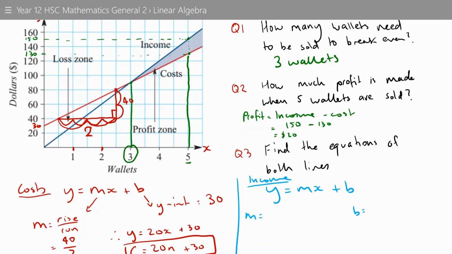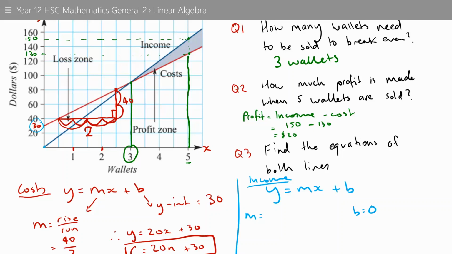Where does this blue line cross? Right at the origin. The y-intercept is 0. That makes sense because for 0 wallets sold, you don't get any income, so the starting point is $0. Notice here for costs, it cost him $30 initially to start up making his wallets.